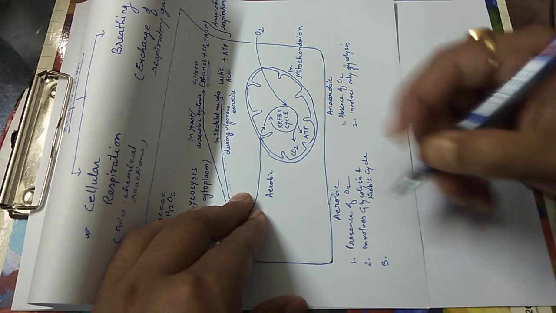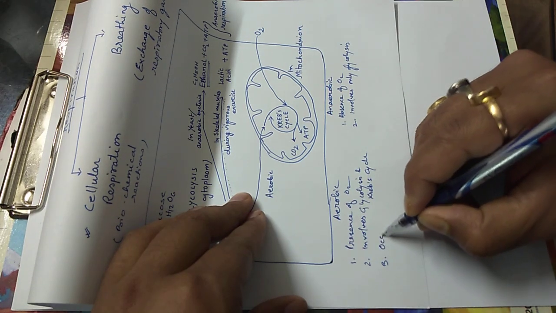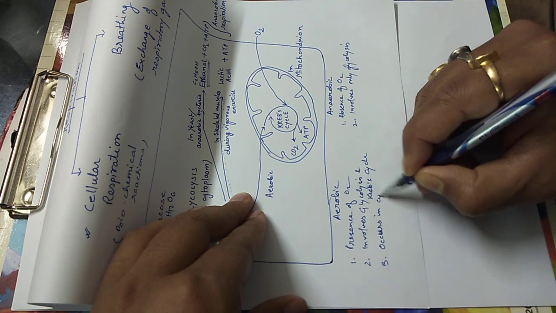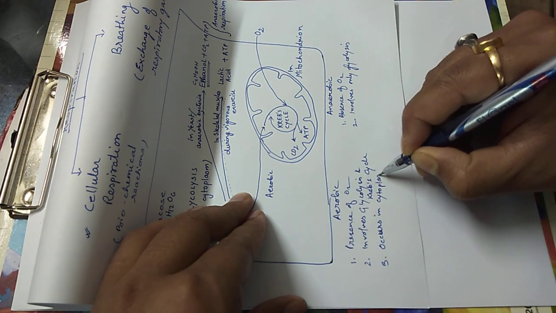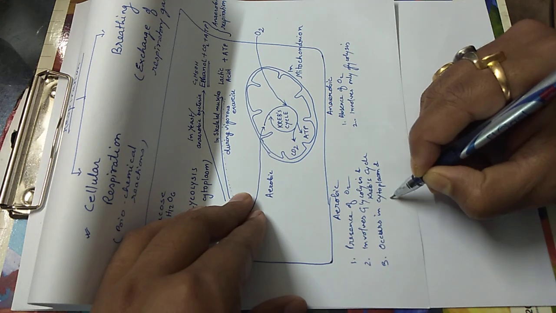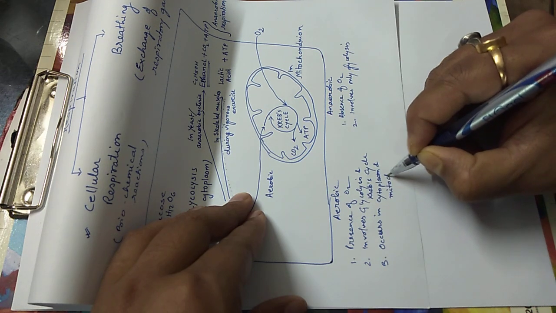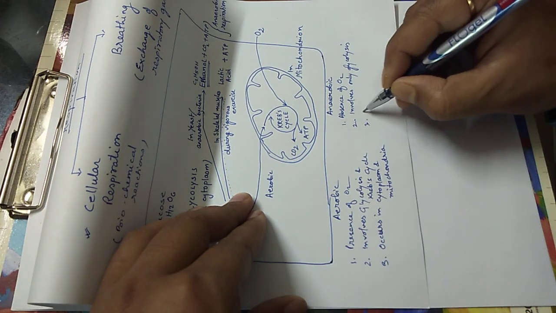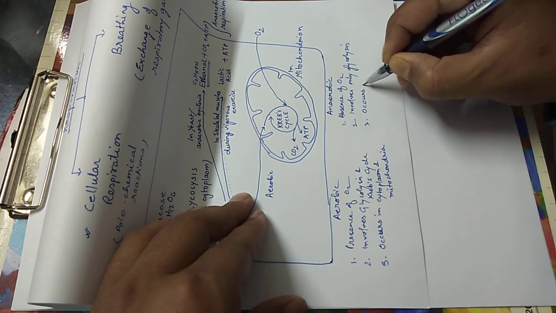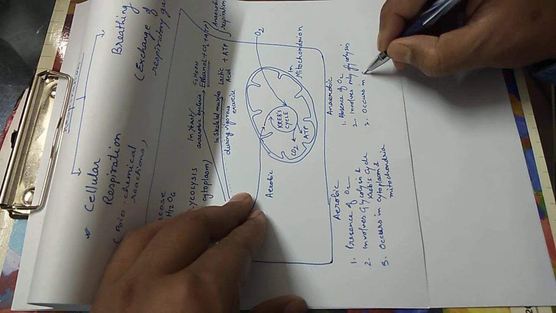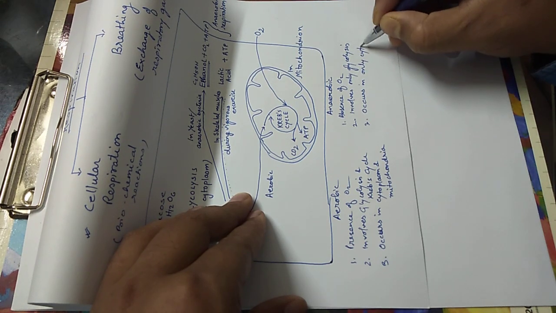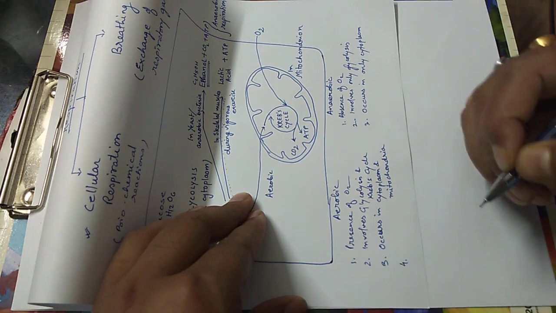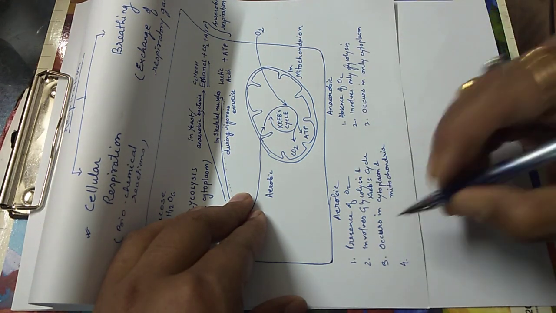Number 3, where it occurs. Aerobic respiration occurs in cytoplasm and mitochondria. Anaerobic occurs in only cytoplasm. Fourth difference, we can say what are the products.